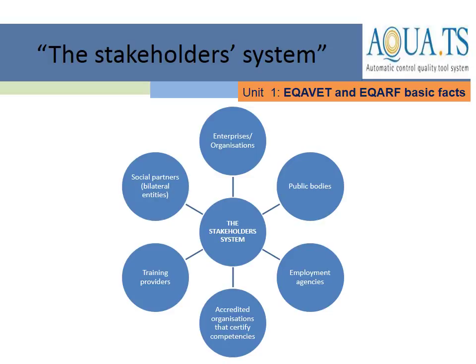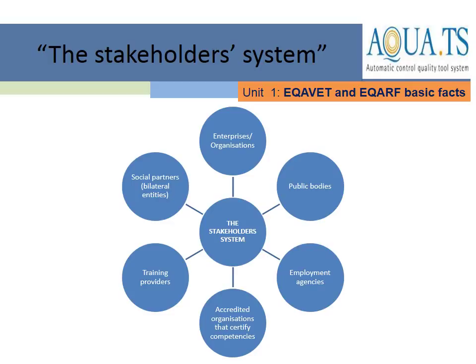Enterprises or organizations. They are private companies and or public entities that benefit from the outcomes of the provided training. Public bodies. They represent all those entities present in the territory of reference involved with various roles in the planning, management and implementation of strategies and policies in the field of the training and employment.